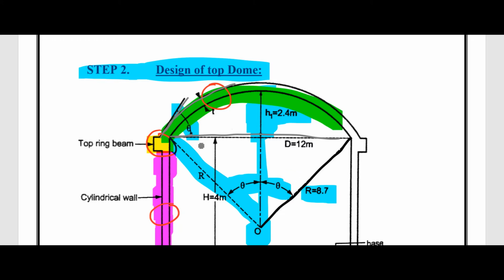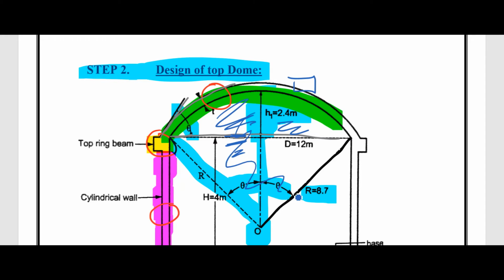In the dome, first of all we assume there is no water pressure, because water is filled up only to this height, and in this portion there will be no water pressure. At that time only hoop tension will be generated, and this dome is used for maintenance. This dome has one opening which we use for cleaning the water tank and any other purpose.